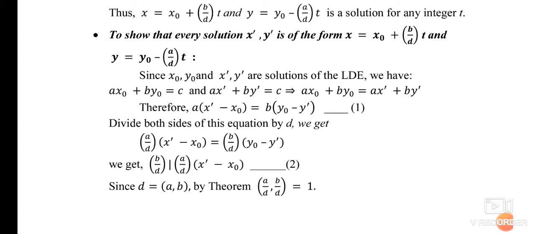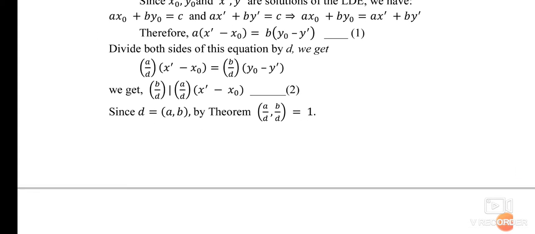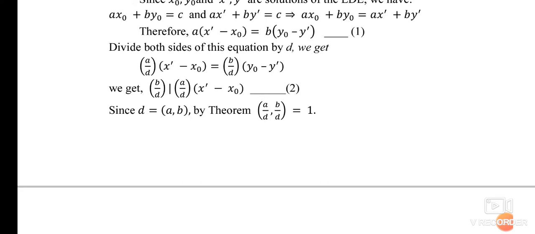So b by d divides a by d into x dash minus x naught. Since d is the GCD of a and b, by theorem, if d is the GCD of a and b, then a by d and b by d are relatively prime, that is, the GCD of a by d and b by d is 1.